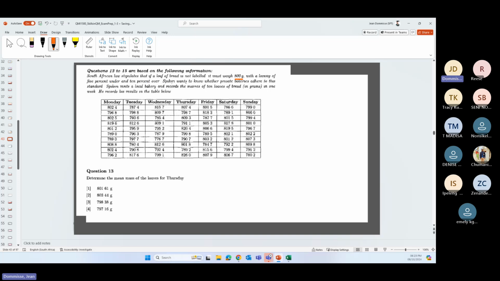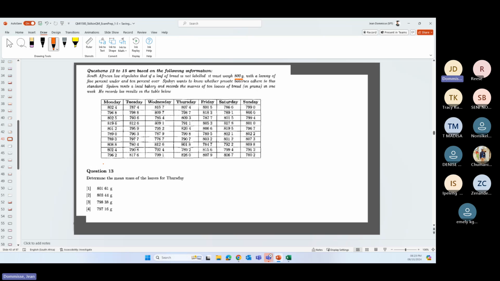So the person wants to know whether private bakeries adhere to the standard, and they give the records of the last 10 loaves of bread in each week. So Mondays, the last 10 loaves, Tuesdays.